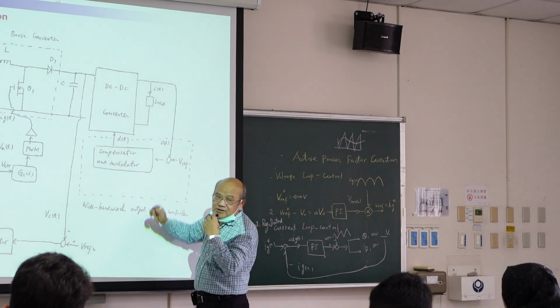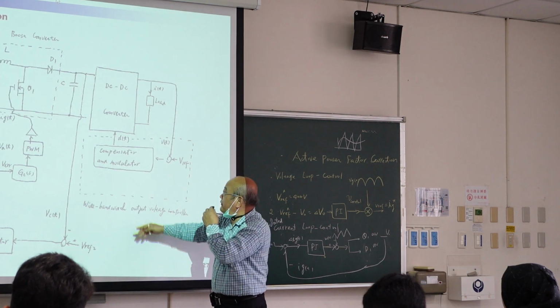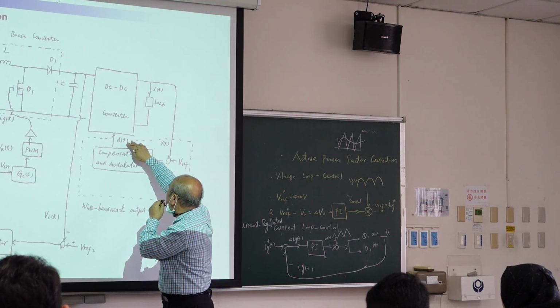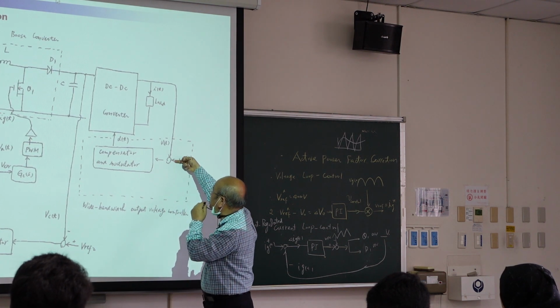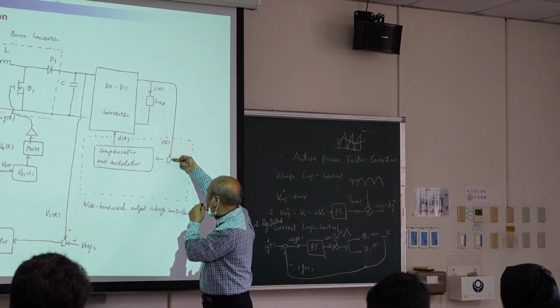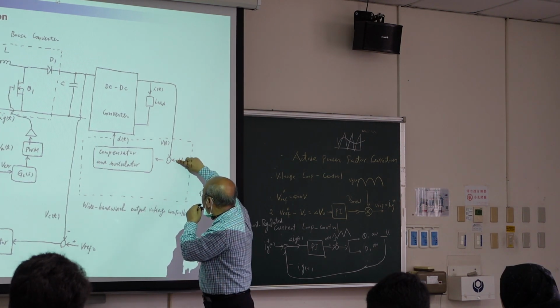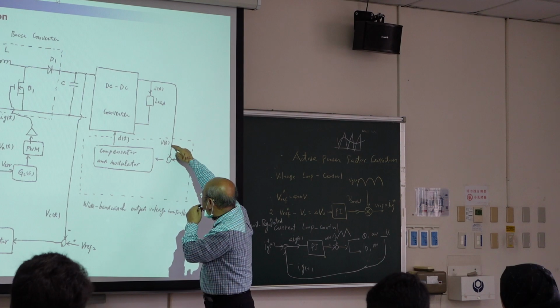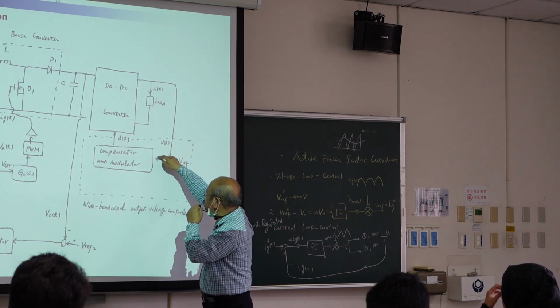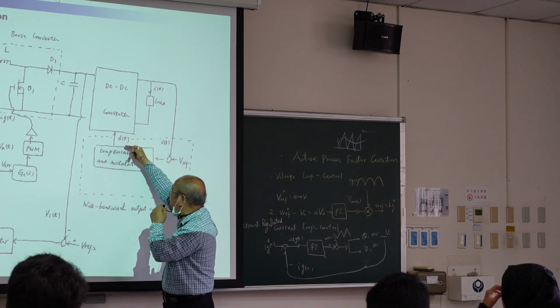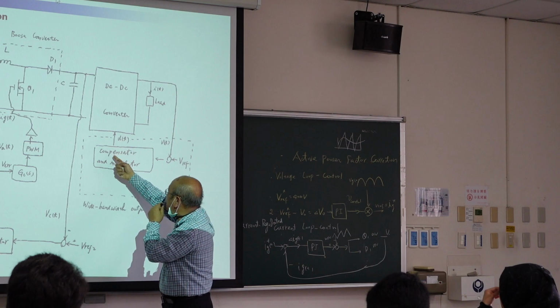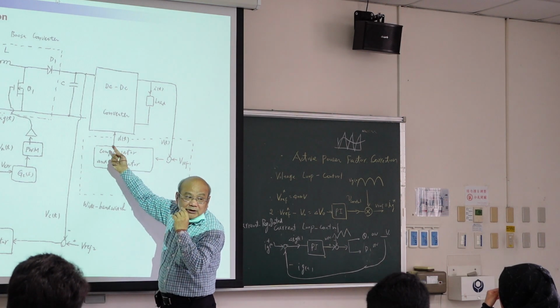How about the next stage? You have another buck converter. You have another reference. This is 5 volt because this is your cell phone. And reference is 5 volt. This is real voltage, 4.5 volt. Then you have 0.5 volt difference. Then you design PI controller to control the buck converter duty.